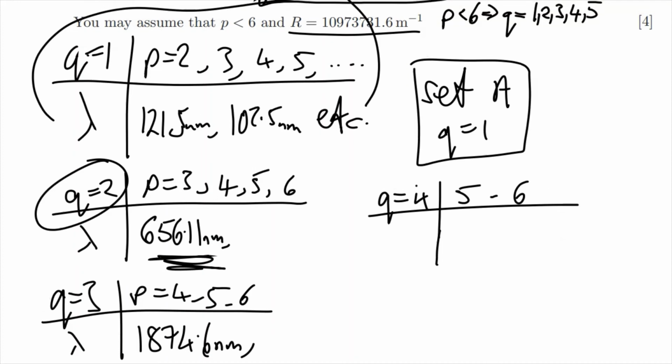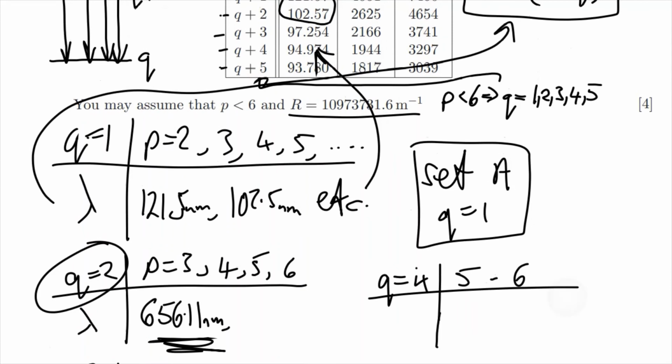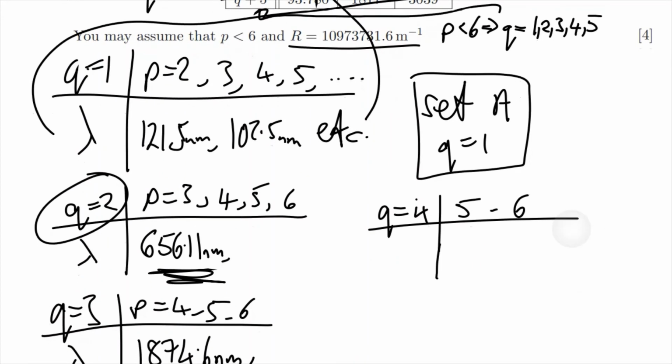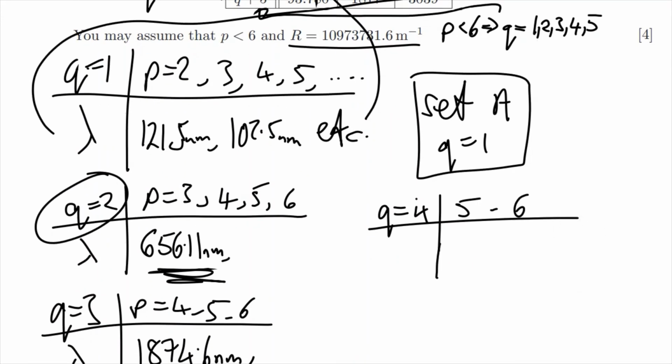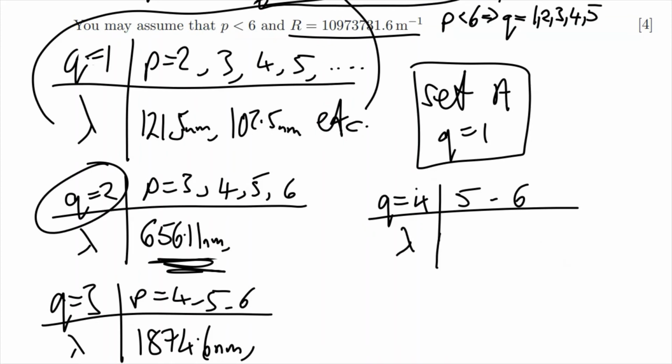For Q equals 4, P equals 5, we get 4050.1 nanometers.